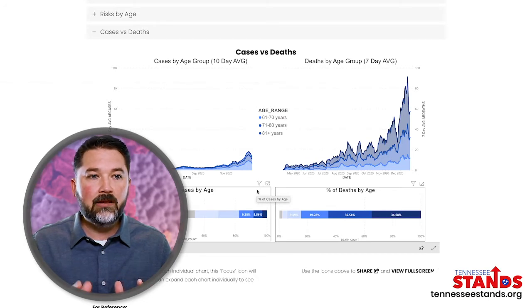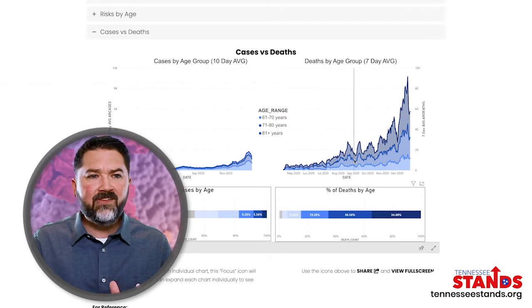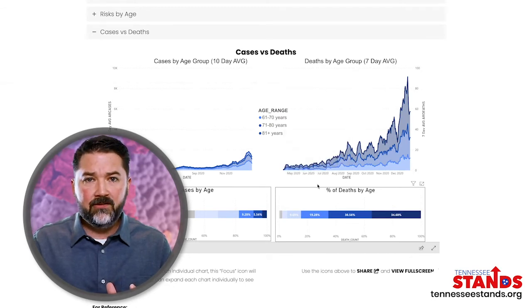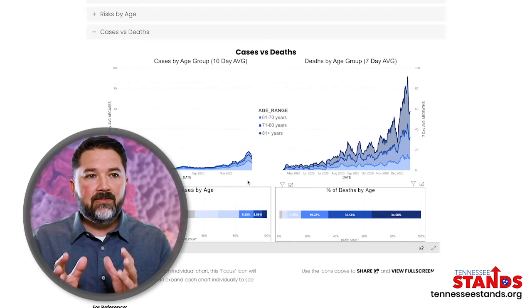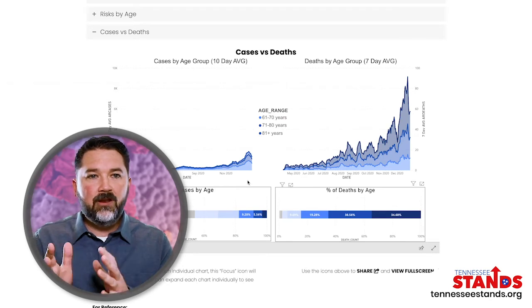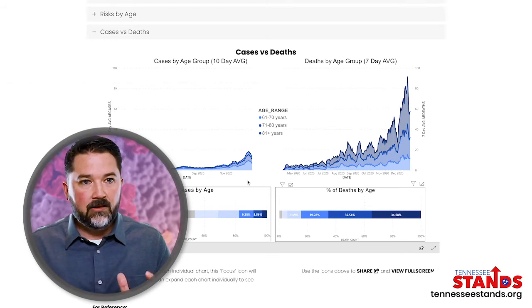But that 20% represents 80% of all of the deaths in Tennessee. 80-20 rule. A critical visual to see: the 61 and up represent 20% of the cases, 80% of the deaths.